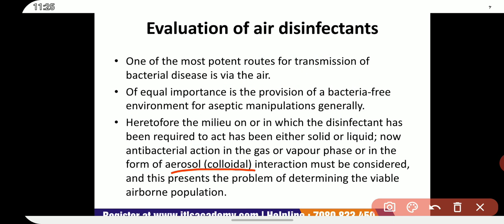In an aerosol, colloidal particle interaction must be considered, and this presents the problem of determining the viable airborne population.